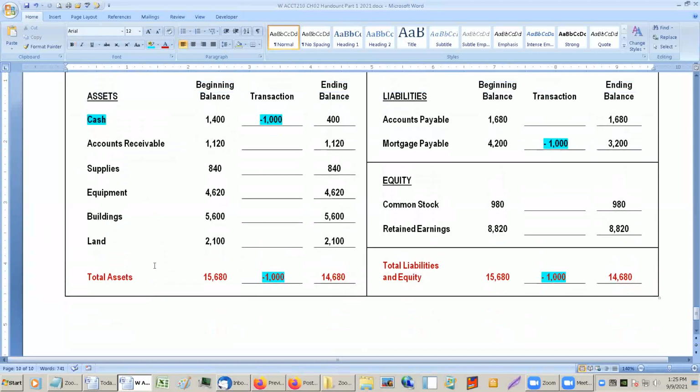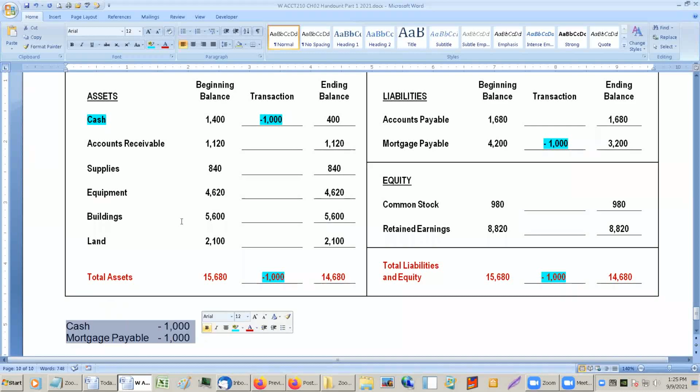If you want to record this, what would you need to write down? Say, okay, cash minus 1,000. And mortgage payable minus 1,000.